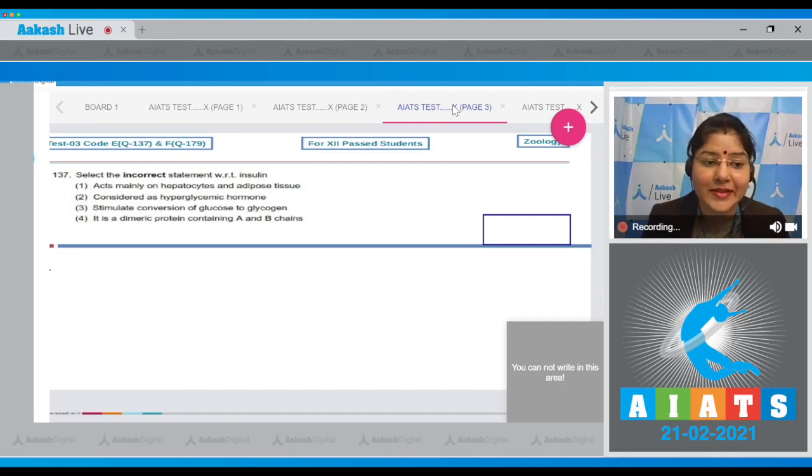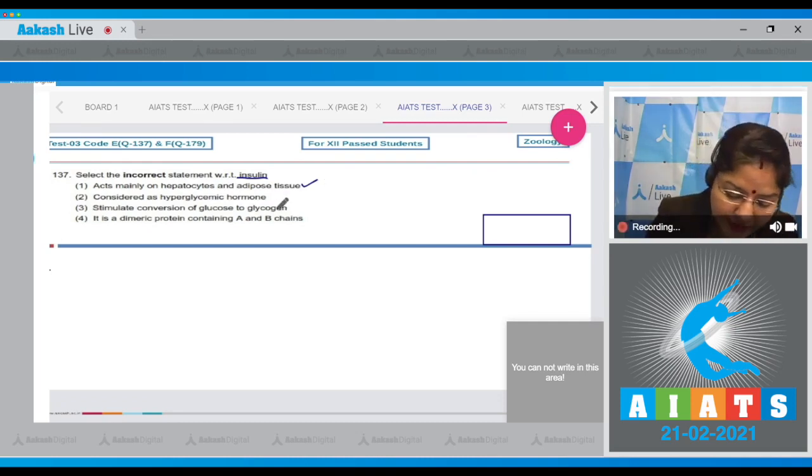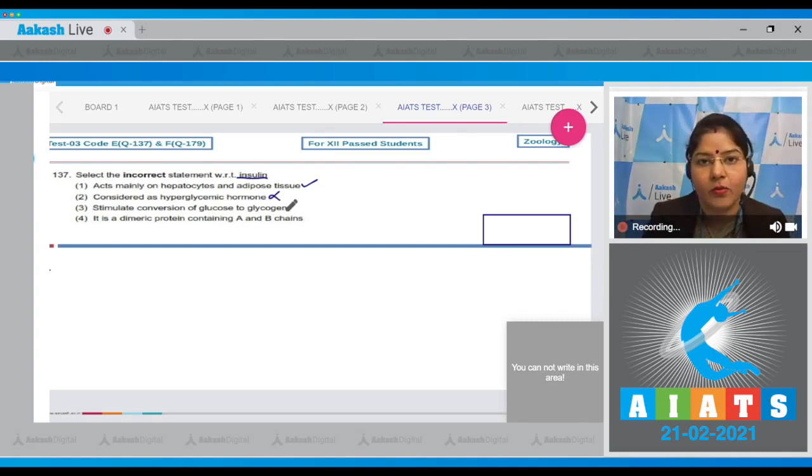Question number 137. Select the incorrect statement with respect to insulin. Option number 1, acts mainly on hepatocytes and adipose tissue. This is the correct statement. Option number 2, considered as a hyperglycemic hormone. This is incorrect. Insulin is a hypoglycemic hormone.